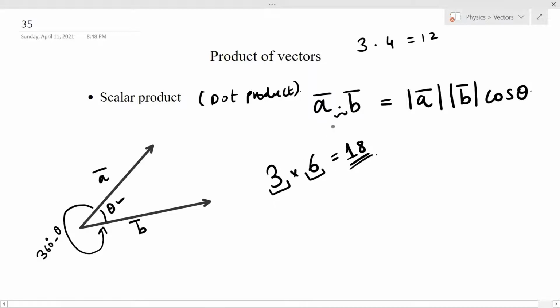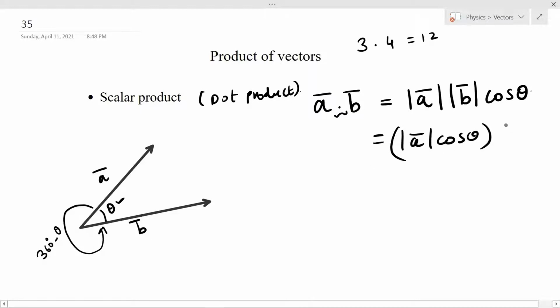Similarly, you can think of this dot product as the increase of the magnitude of one vector by another vector. That is, I can write this expression as modulus of a bar cos theta times modulus of b bar. So you can think of this dot product as the increase of the magnitude of the vector b bar by this much amount.